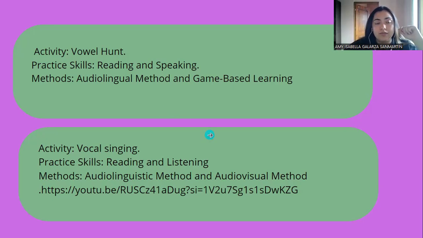The second activity is called vowel singing. In this activity, I'm going to show the students in front of the class an interactive video about the vowels, and it's a song. We're going to sing the song together, and also I'm going to pause the video and ask the students, what is this?